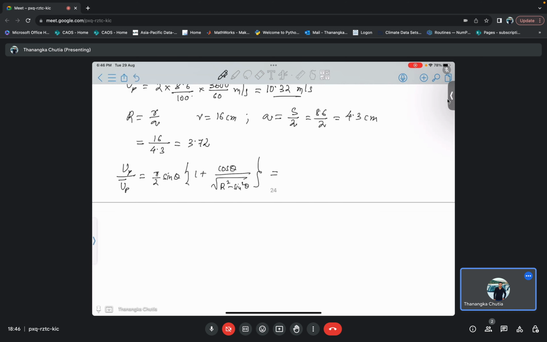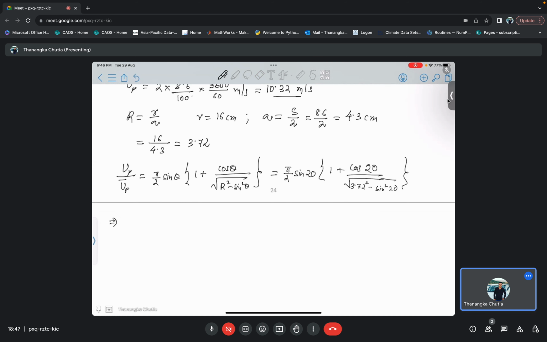That equals pi by 2 sine 20 into 1 plus cos 20 divided by root over 3.72 whole square minus sine squared 20.